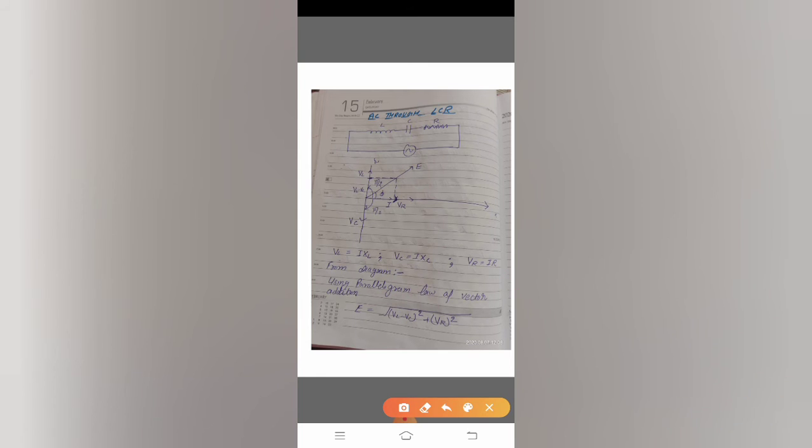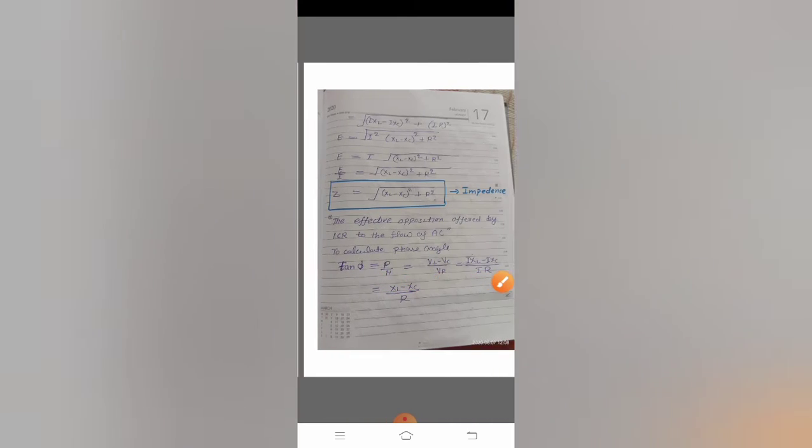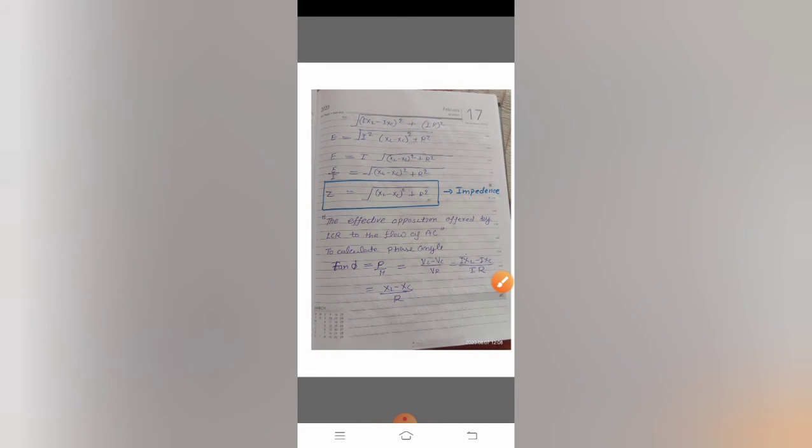We have written only P square, meaning the first vector, VL minus VC whole square, plus Q square, meaning the second vector, VR whole square, all under root. Now just put the values. What is the VL value? Just now I told you it is IXL, IXC, plus IR, whole square.